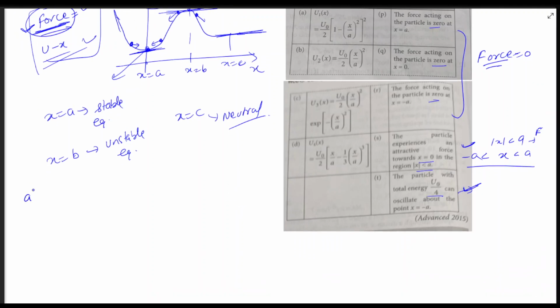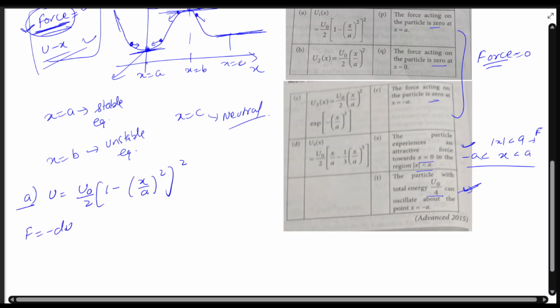So let's say first A. So we have U equals U naught by 2, so it's a pretty lengthy question, times (1 minus x squared by a squared) whole squared. Right? Let's differentiate it. We know F is minus dU by dx. So minus U naught by 2. Let's use the chain rule.